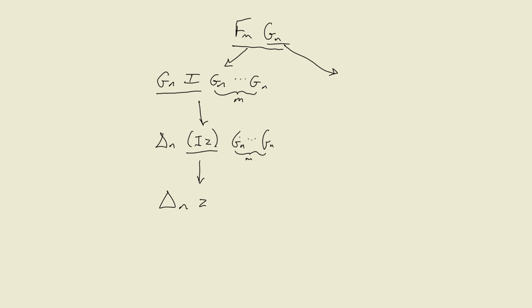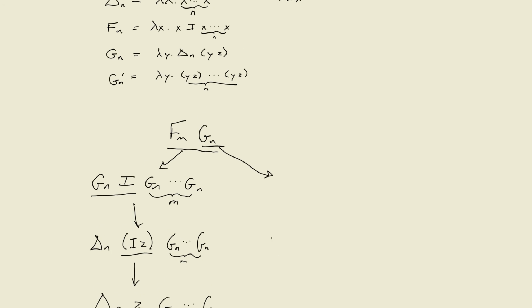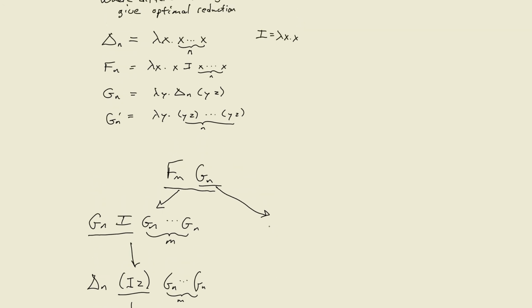Let's see. And then finally you use this duplicator. Okay. And so you reduce this, and you get your nz's over here, n of these, and you've got m still of these gn's. But gn, if we go back to the legend up here, gn in one step reduces to gn prime.